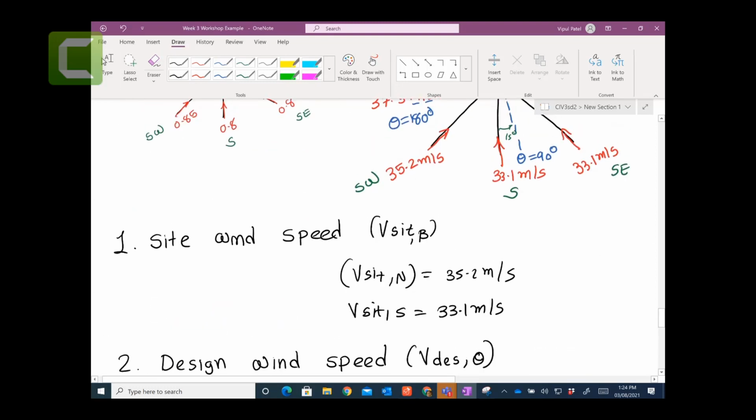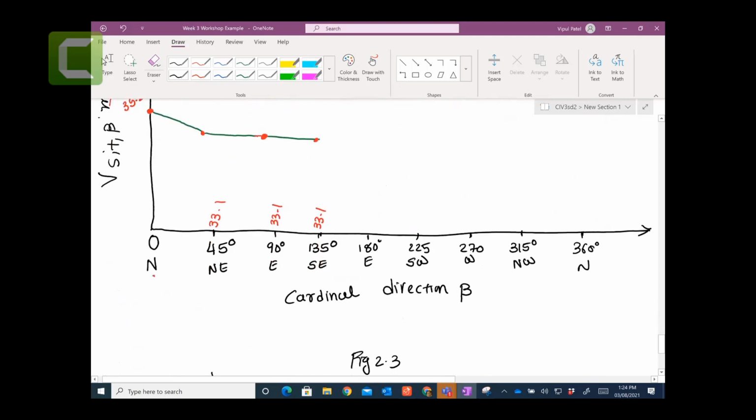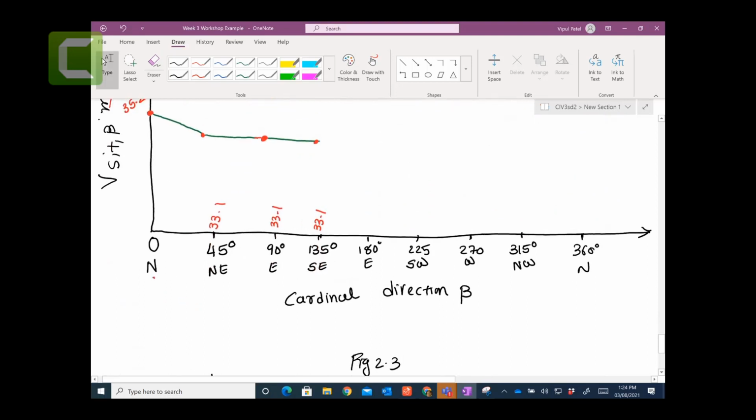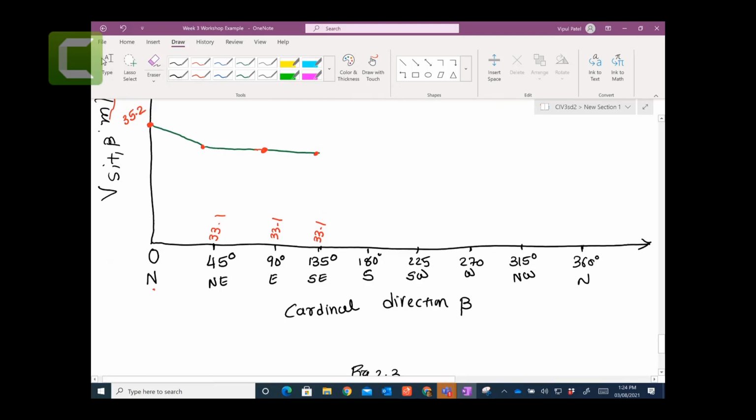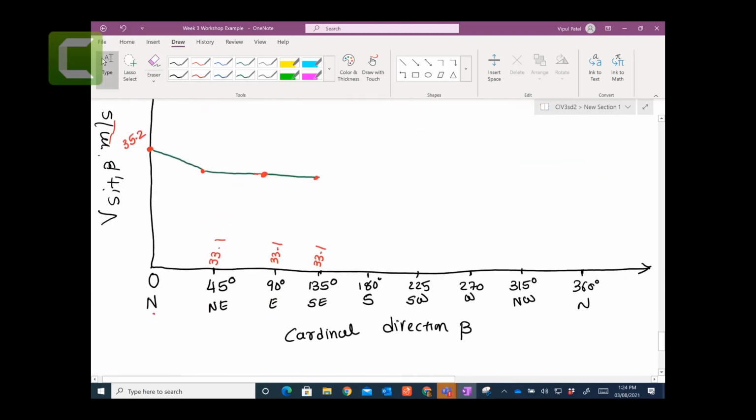Sorry, what happened here? Oh, this one would be south, I believe. So south is done, and then south 33.1. So let's draw the horizontal line, 33.1.